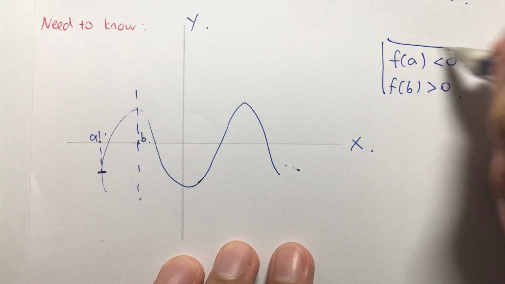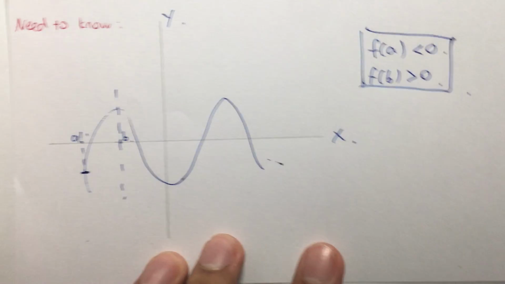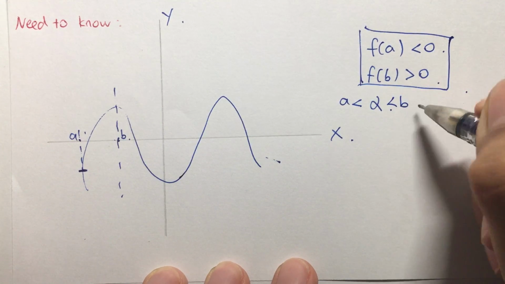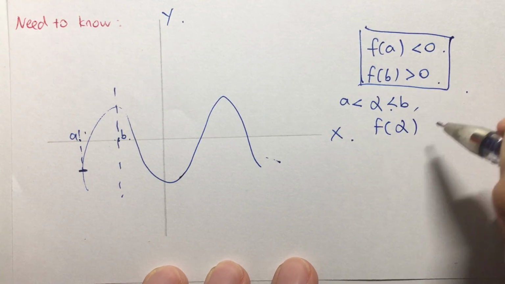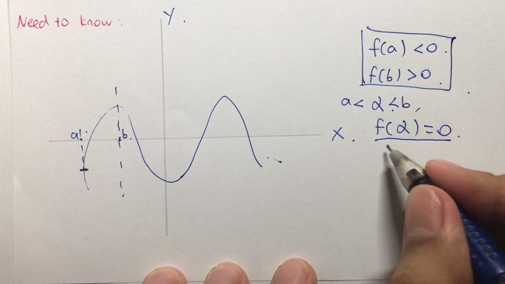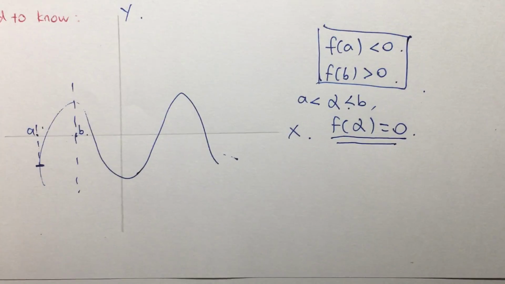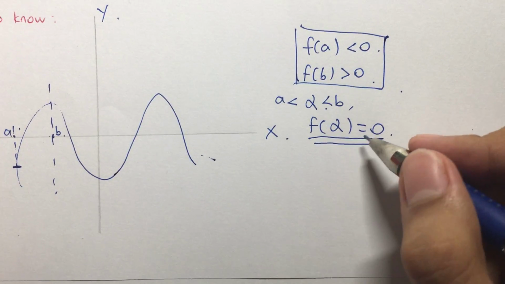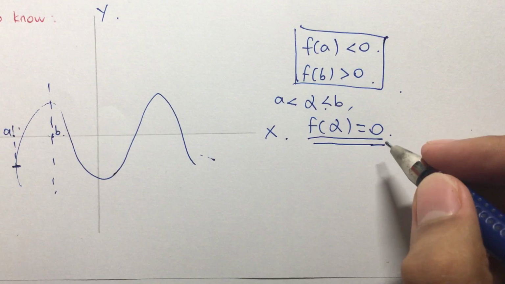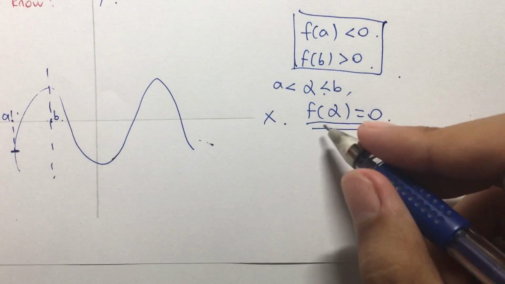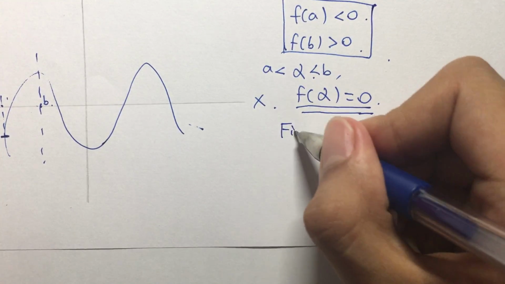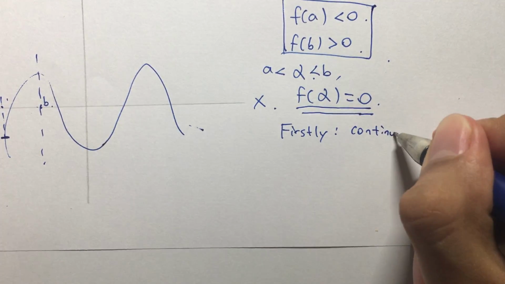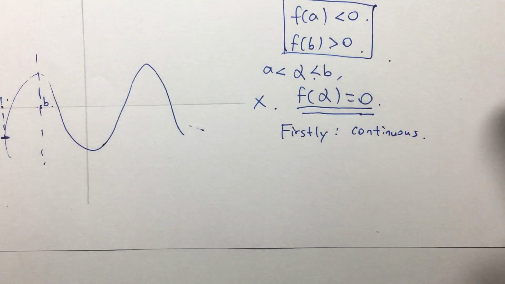If we have these two properties, then we can say that there is an alpha between a and b such that f(alpha) is equal to 0. So we can find the solution. There are some properties that we need to satisfy. Firstly, the function must be continuous. That is quite easy to understand, right?